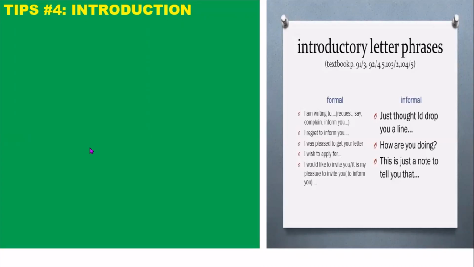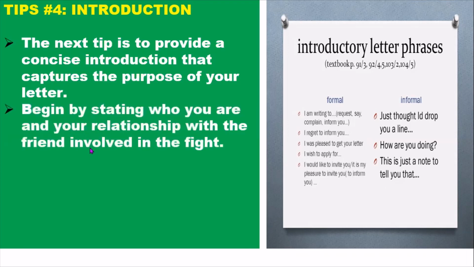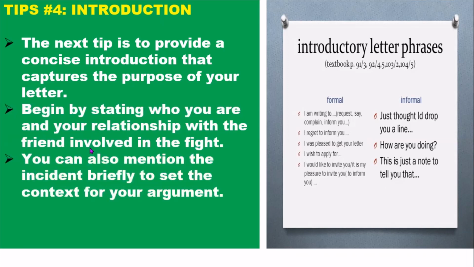Of course, the next tip is to provide a concise introduction that captures the purpose of your letter. Begin by stating who you are and your relationship with the friend involved in the fight. You may not necessarily need to introduce yourself as a student.